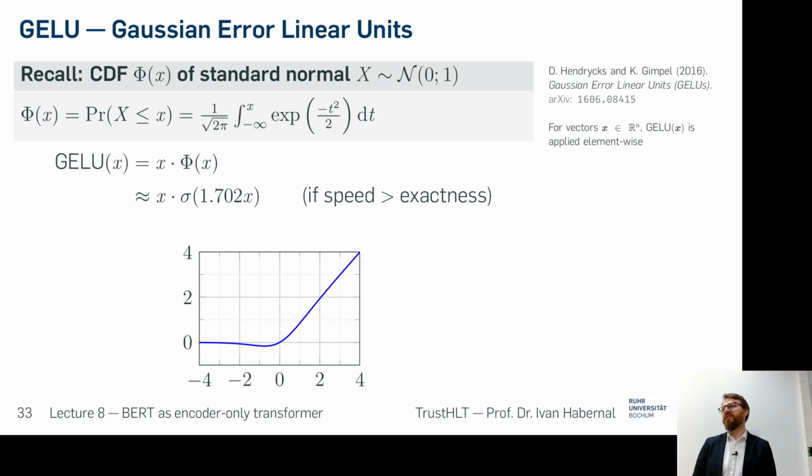So it's smoother. And it has fancy mathematics: you take a standard normal distribution, where the phi function is the CDF of the standard normal, and you multiply by it, and you can do some approximations. At the end of the day, you have something like ReLU.